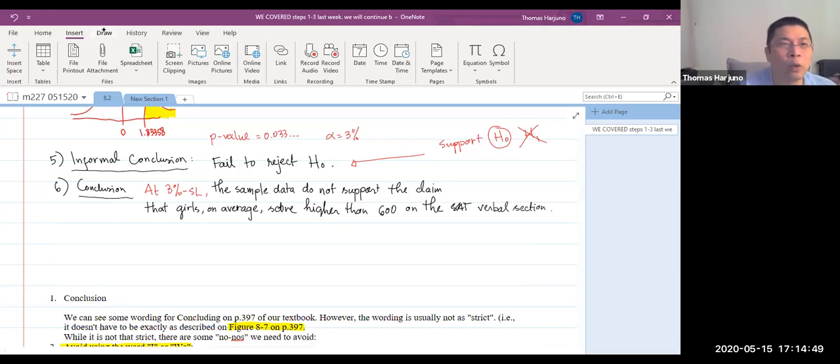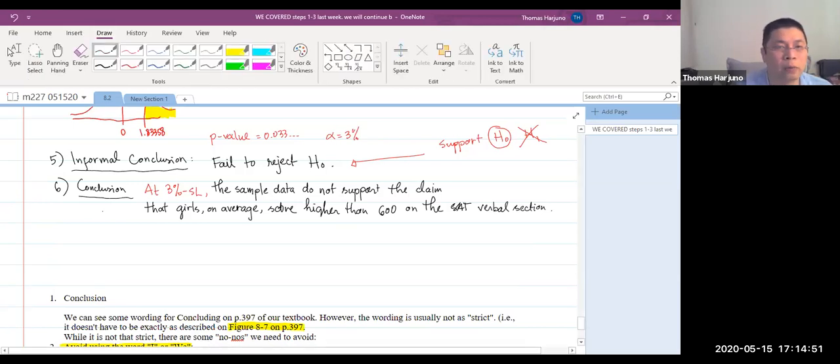Now, you may want to word it another way. You may say at 3% significance level, and again, if I write it in another color, you don't have to do that. The following wording is actually a more precise wording.